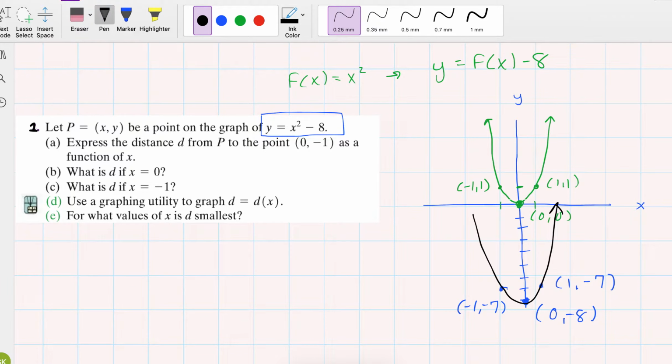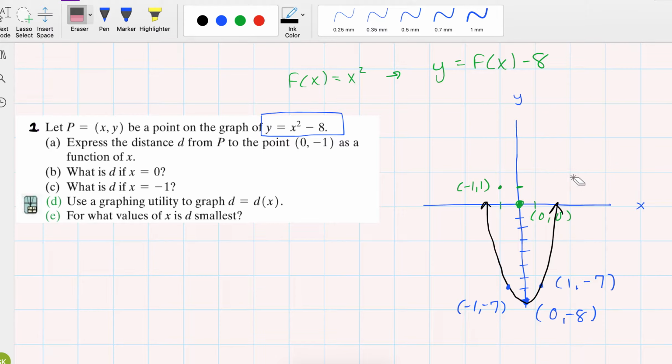Oops, let's make it a little bit better. I'm going to shift this point over a little bit. Okay, so we just took this graph and we moved it down 8 units. Now I'm going to erase this graph here. So this is our new graph y.